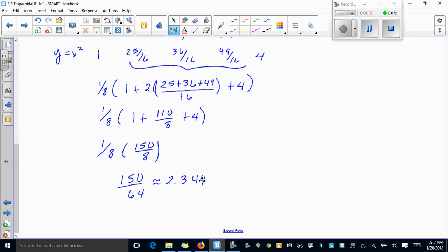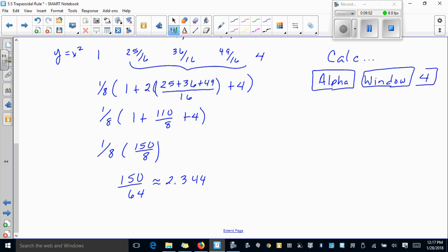Now, calculator-wise, how do I do this in the calculator? You're going to do alpha, window, four. And it's going to give you this, and it's going to have a little box down here, a little box up here, a box here, and then it'll say D, and it'll have a little box here.